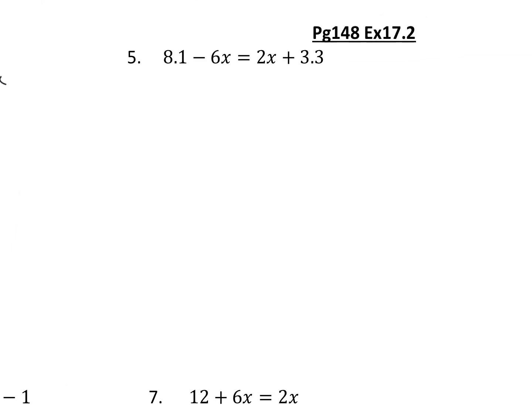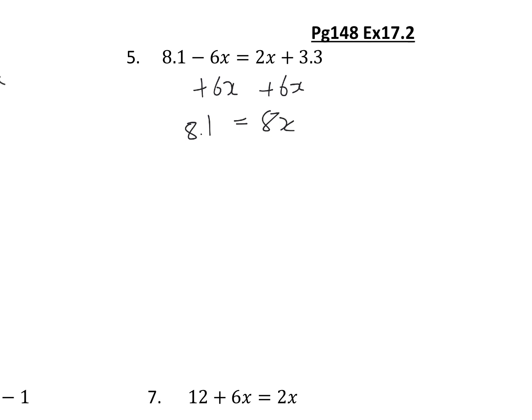Number 5. 8.1 minus 6x equals 2x plus 3.3. In the last example I said get rid of the smaller number of x's. In this case, minus 6x is smaller than 2x, so to get rid of it, we would add 6x to both sides. On the left, we'd be left with 8.1.